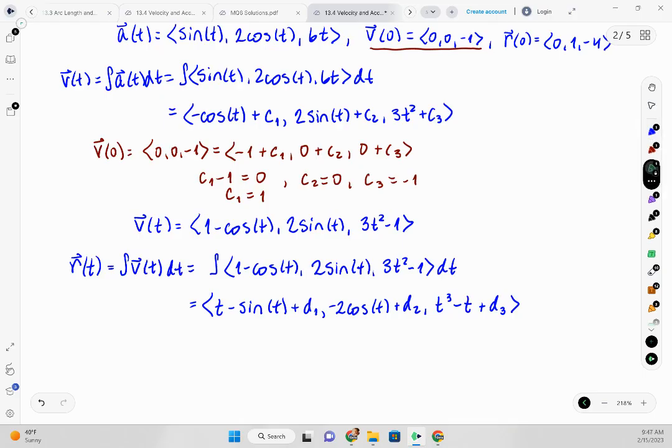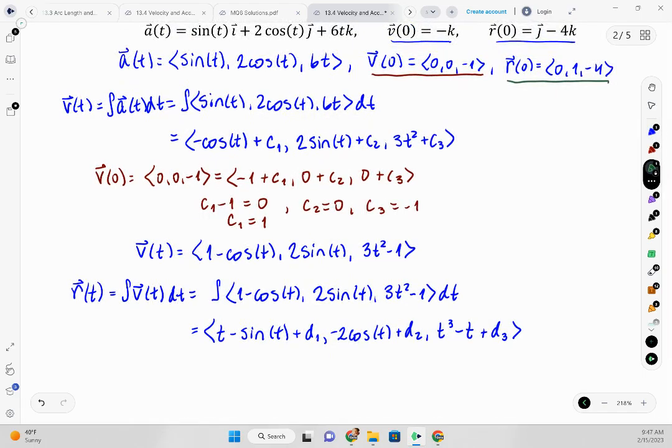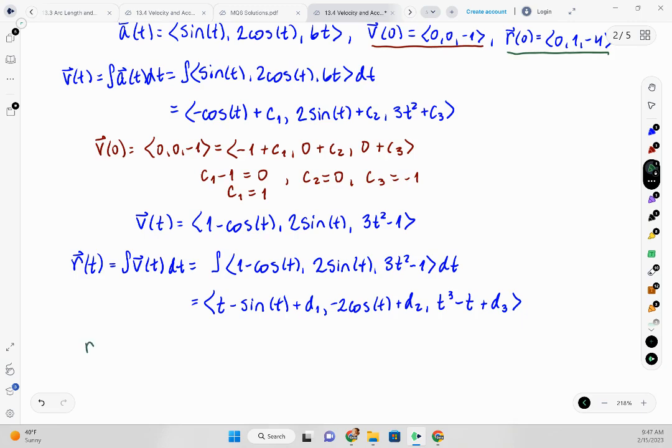Okay. Now I have my initial position up above. When we plug in t as 0, we're going to get a vector that has components 0, 1, negative 4. So let's use that. R of 0 should be giving us 0, 1, negative 4. So I'll go ahead and plug in 0. In my first component, 0 minus sine of 0 is 0, so all I have is d1.